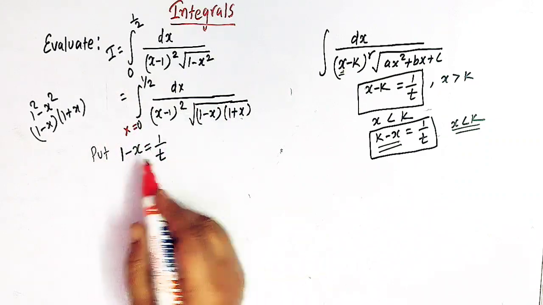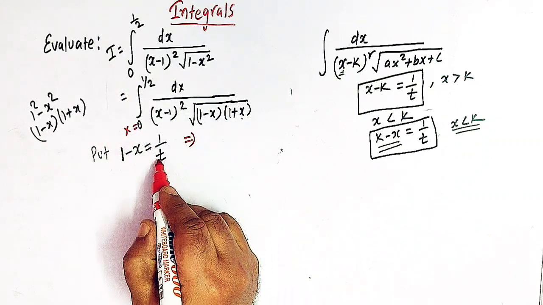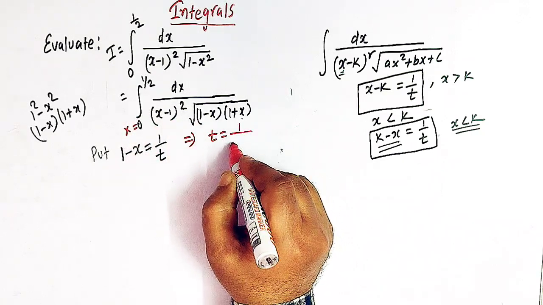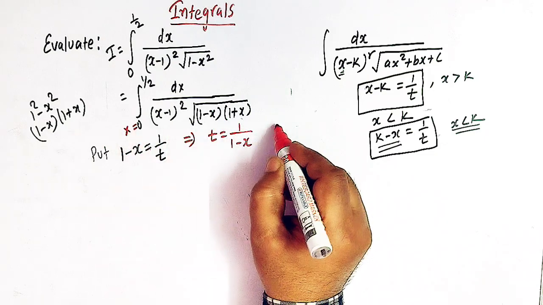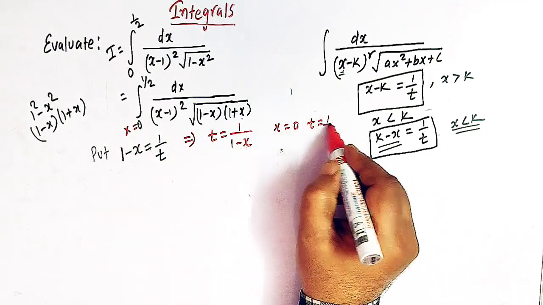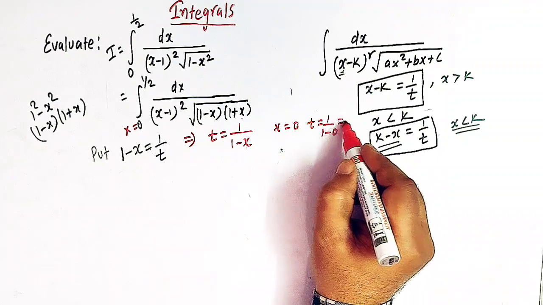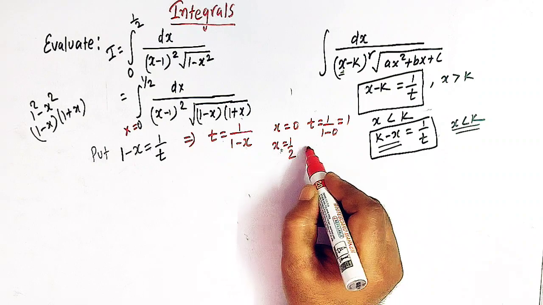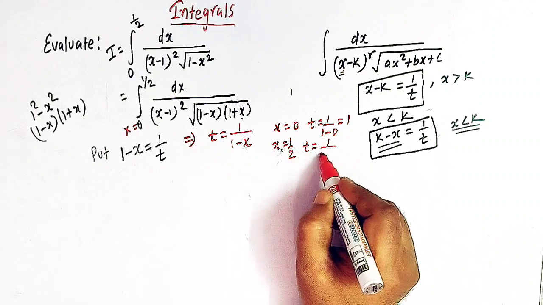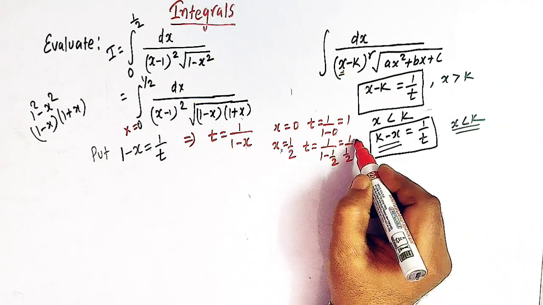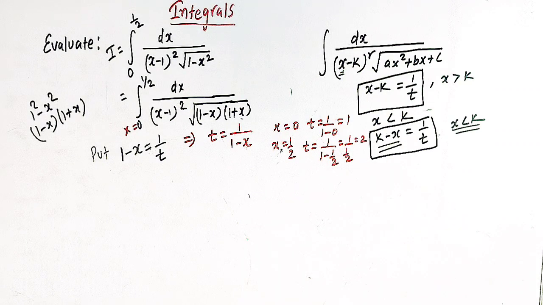So let us find the value of t, that is t is equal to 1 over 1 minus x. When x is equal to 0, then t is equal to 1 over 1 minus 0, that is equal to 1. And when x is equal to half, the value of t is 1 over 1 minus half, that is 1 over half, that is equal to 2.